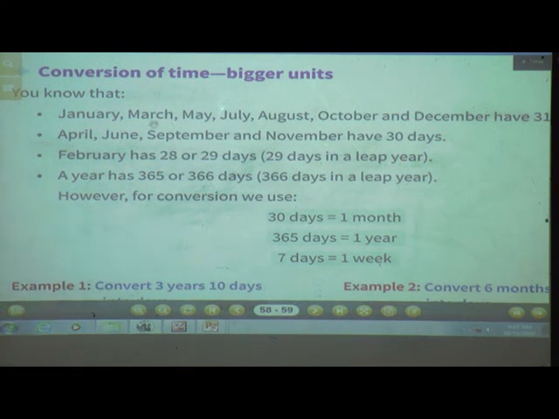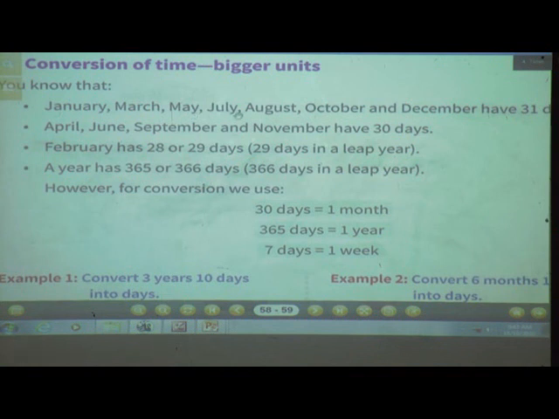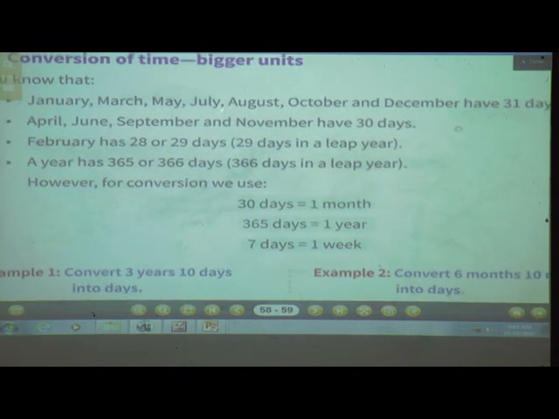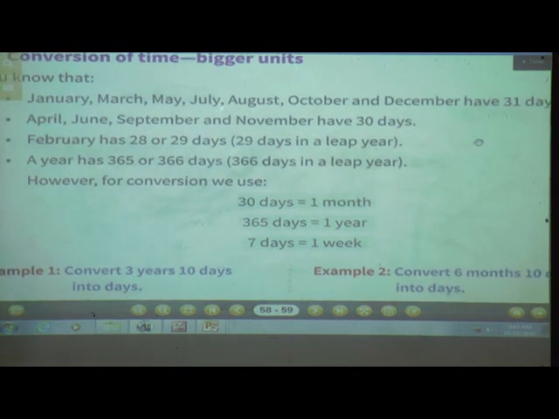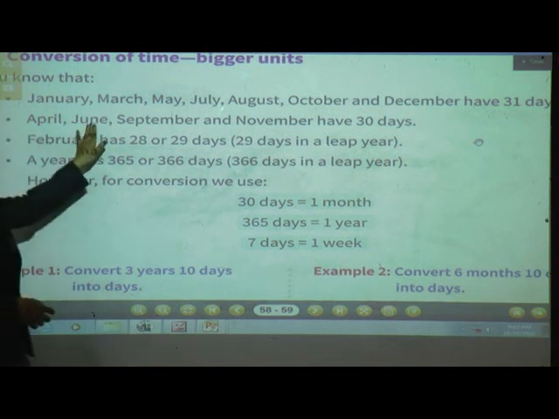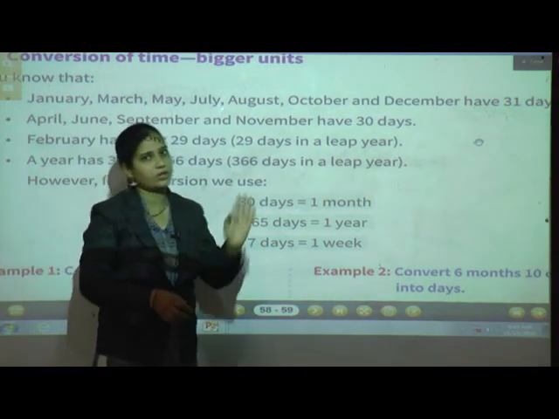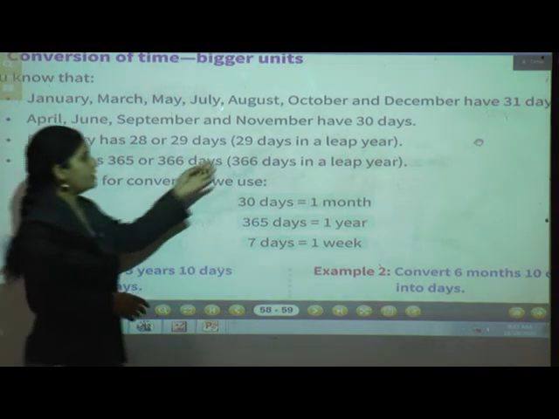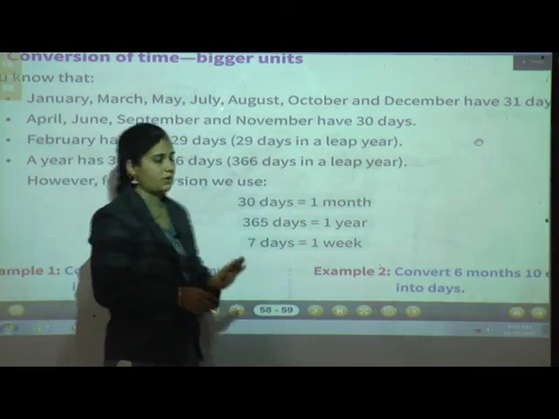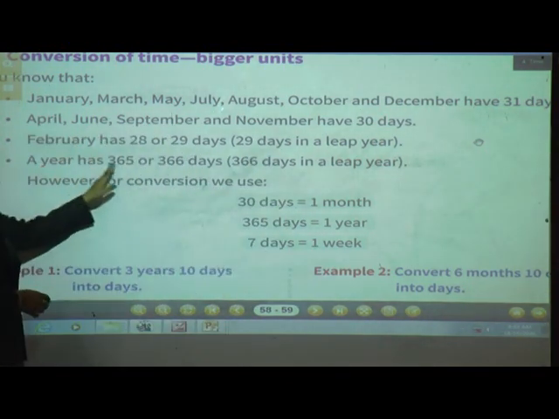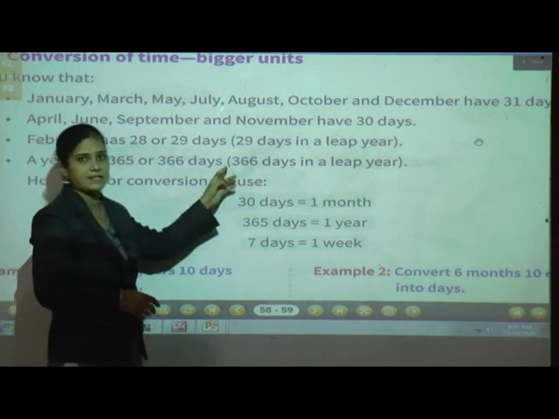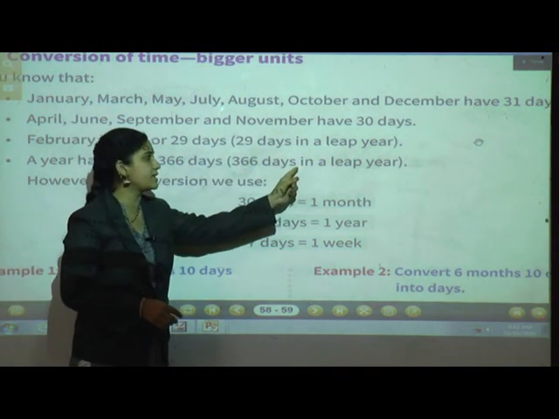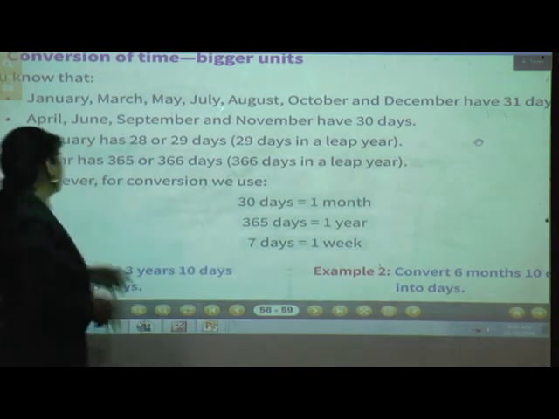April, June, September and November have 30 days. February has 28 or 29 days, 29 days in a leap year. A year has 365 or 366 days, 366 days in a leap year.